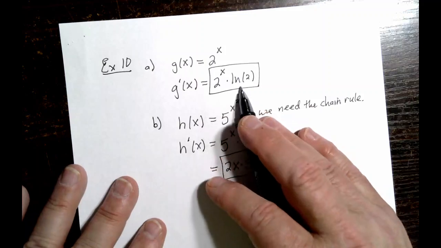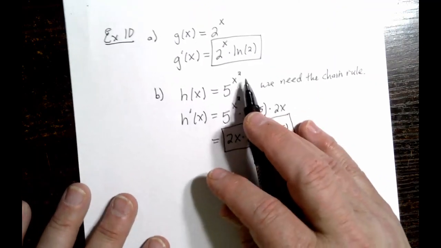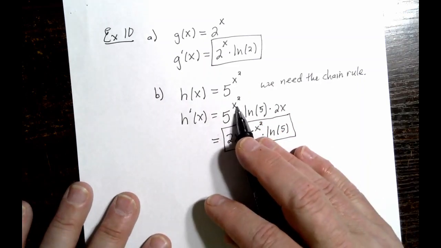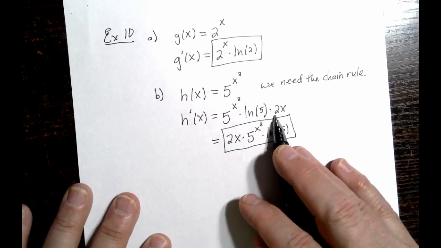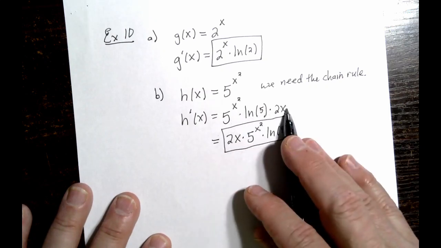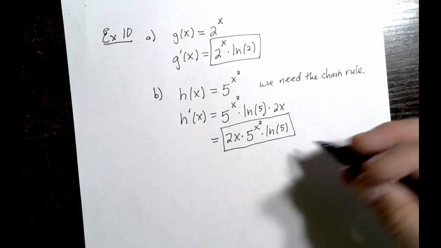It's just 2 to the x times the natural log of the base 2. If you're given 5 to the x squared, your derivative is just 5 to the x squared times natural log of 5. But you also have to take the derivative of the inside function here, x squared, which is 2x. And so that's what you get for that one.